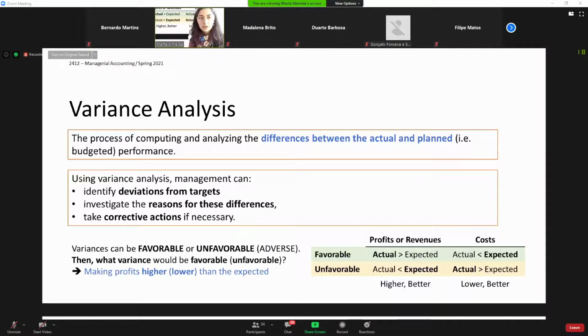So a corrective action that we could take in this example could be, for instance, the sales manager can only sell within the optimal production capacity. Okay, so where the company produces efficiently. So let's say that is 5,000 units.